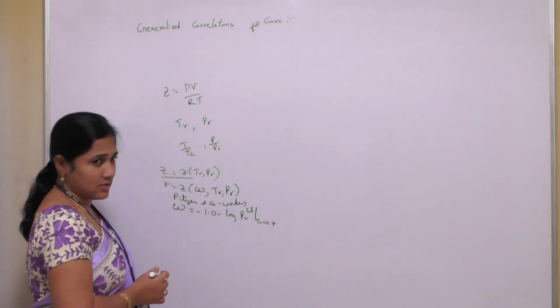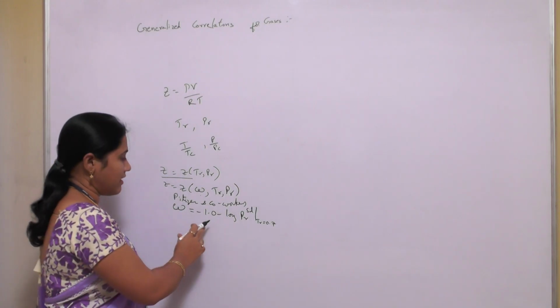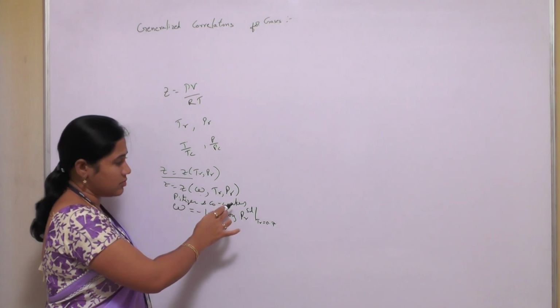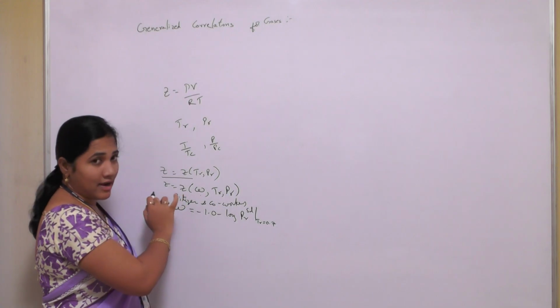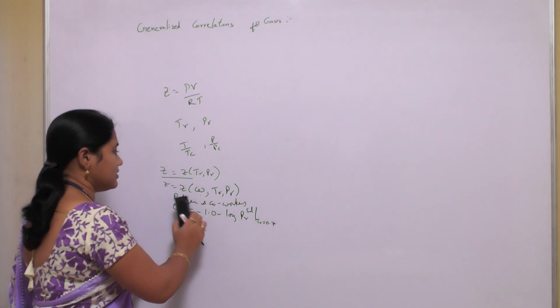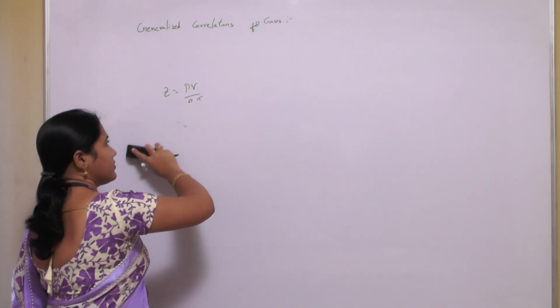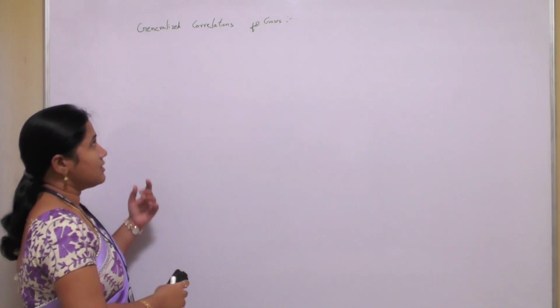This is the general equation used to find the acentric factor. At the same acentric factor and reduced temperature and reduced pressure, the compressibility factor of any fluid is the same.